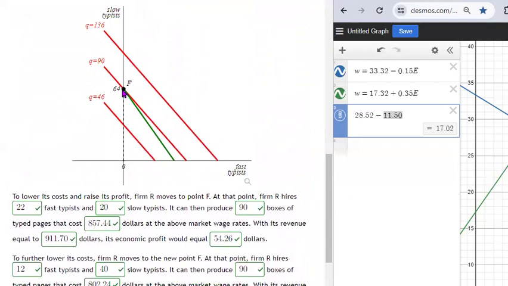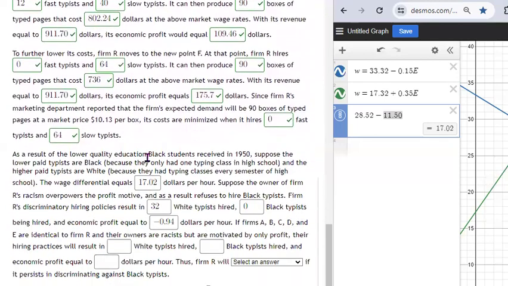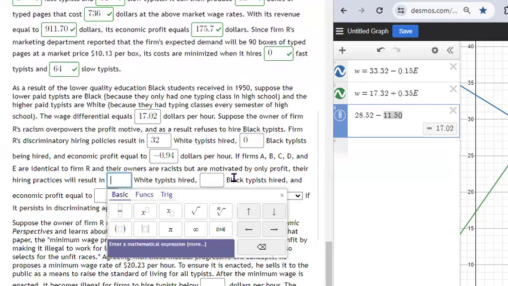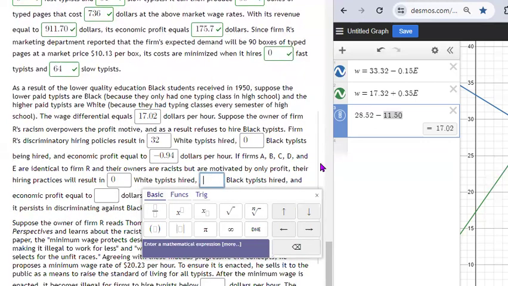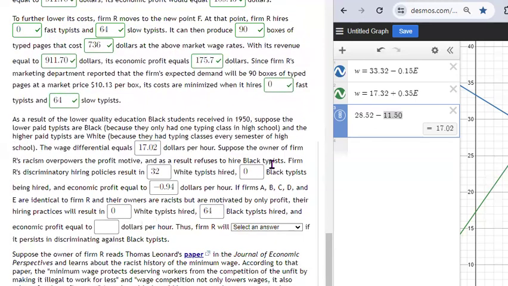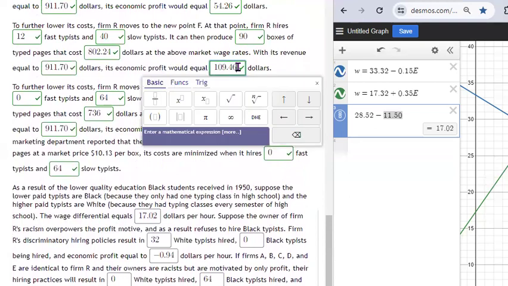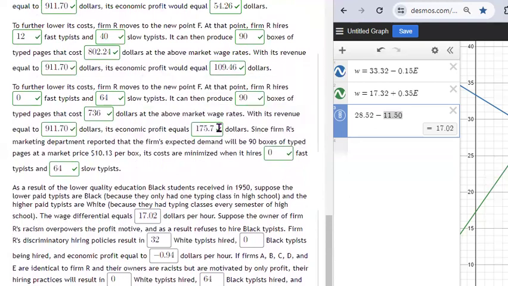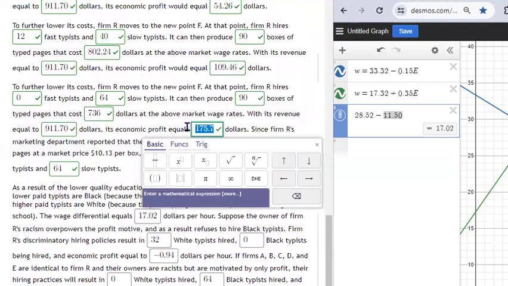Well, they'll minimize cost and maximize profit by hiring 0 white workers, who they prefer to hire, and instead they'll hire the 64 Black workers who they prefer not to hire. So they're going to hire 0 white typists and 64 Black typists. And because of that, they're going to make an economic profit of $175.7.